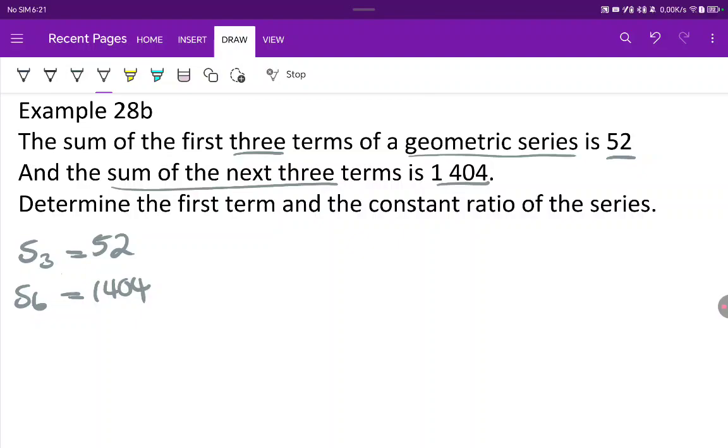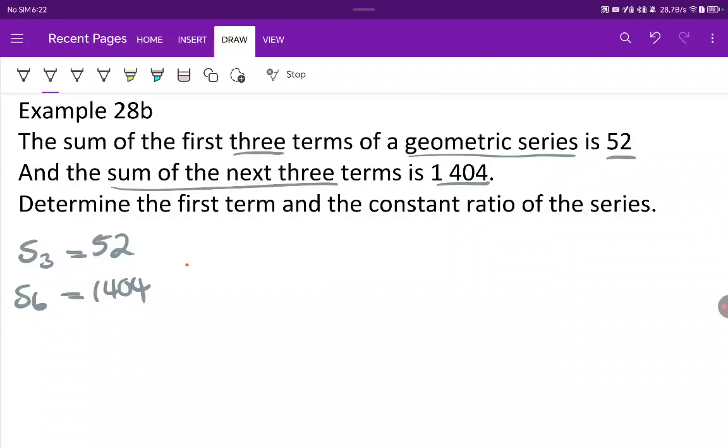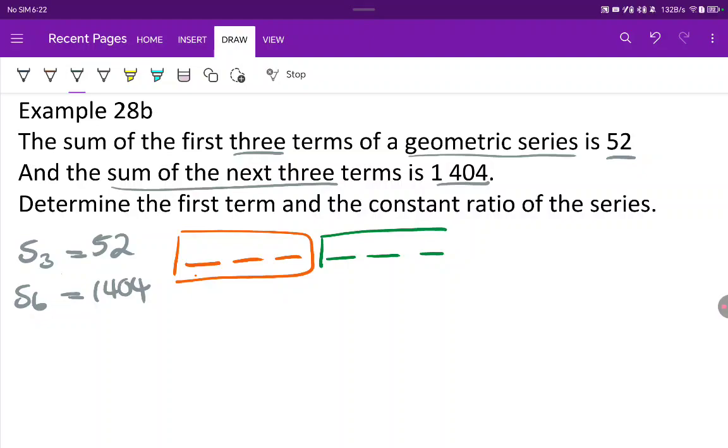So let's think this through quickly. If the first three terms are term 1, term 2, term 3, then the next three terms are the following three. Next does not include the first three terms, but S6 does include it.